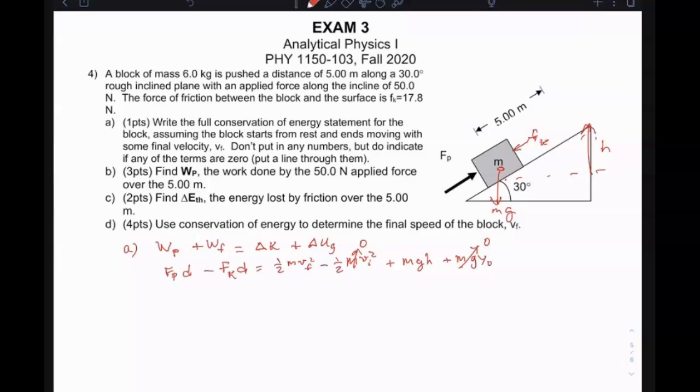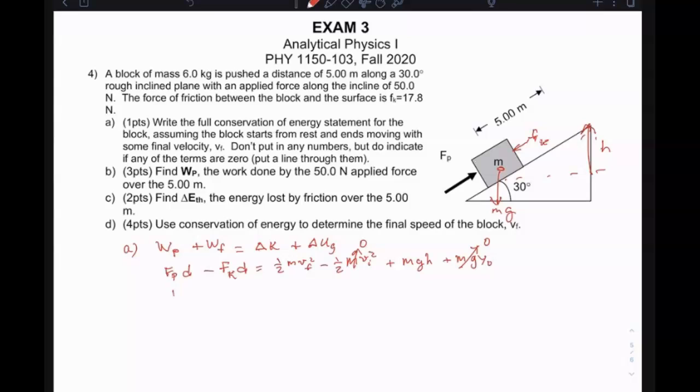Although we could write it in a different way. If we assume the sliding surfaces between the mass and the incline are all part of the same system, then the friction force acting inside our system as an internal force is tending to increase the thermal energy.